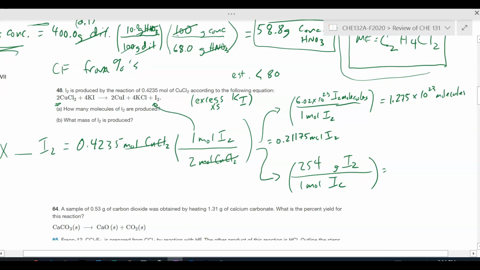And then if I take that 0.21175 and instead multiply it by the 254 grams per mole, that's going to get me 53.78 grams of I2 to 4 sig figs.